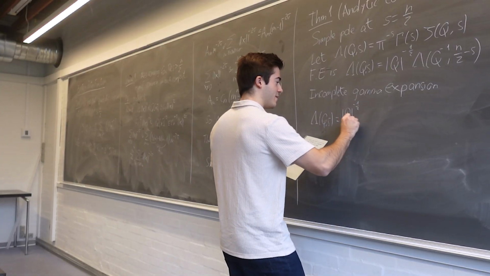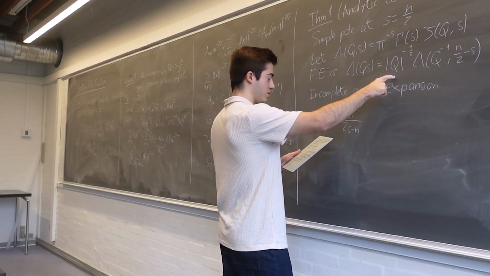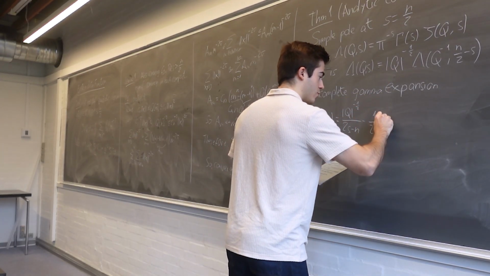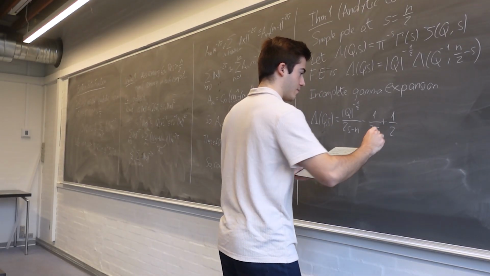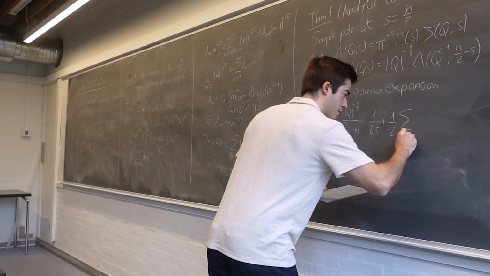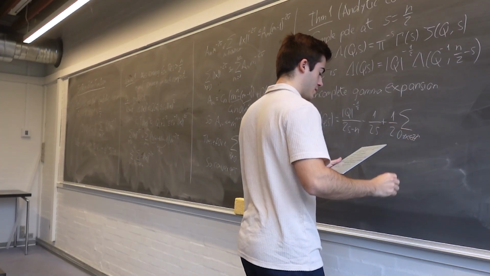So we have this formula. Okay, this is the determinant of Q as a matrix, of course. Plus 1 over 2. Now we're summing over all non-zero points of this lattice.